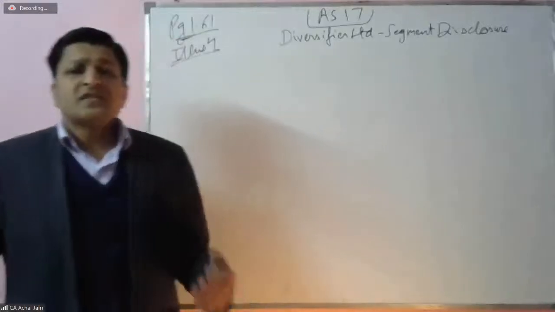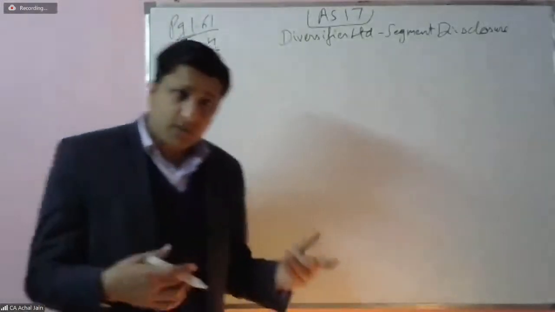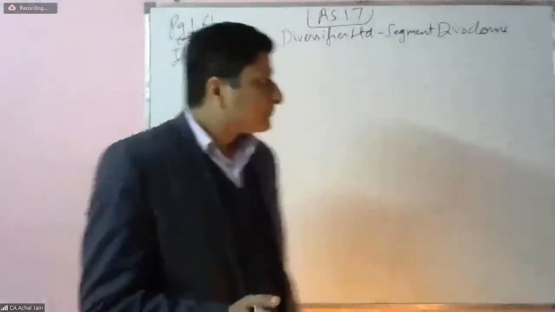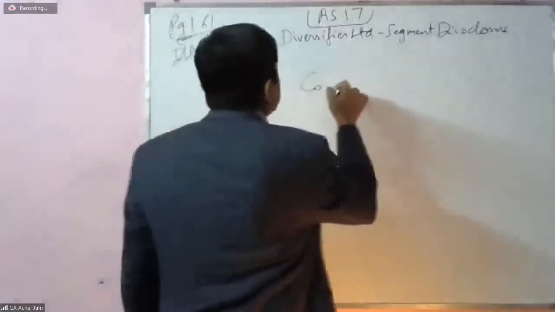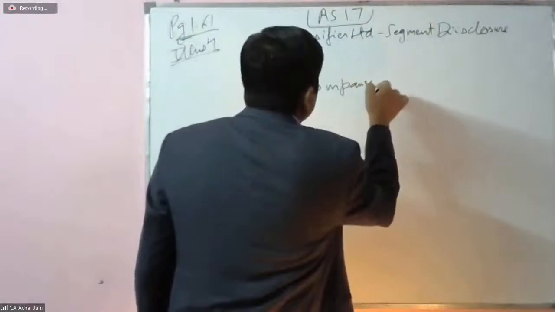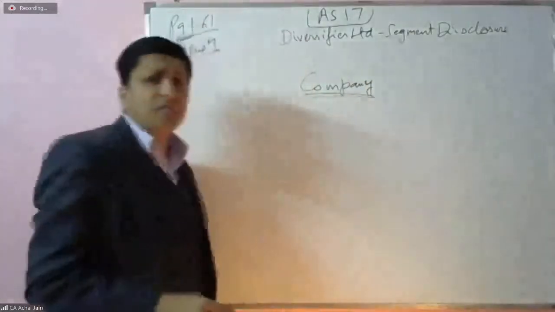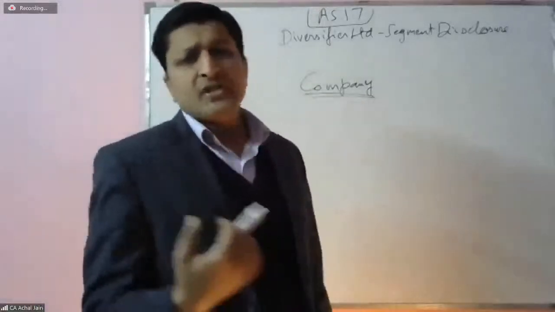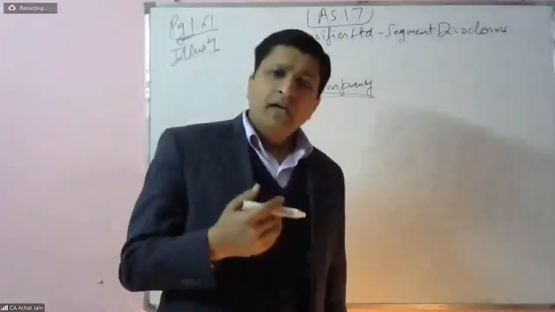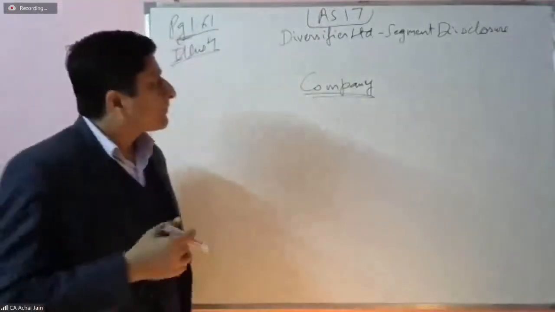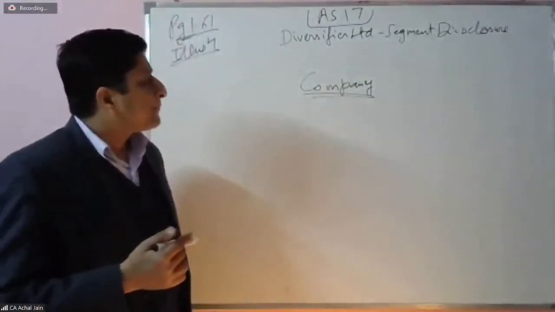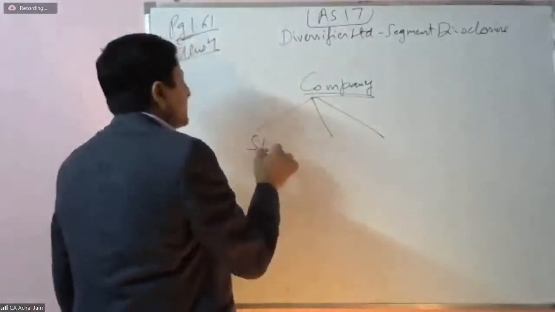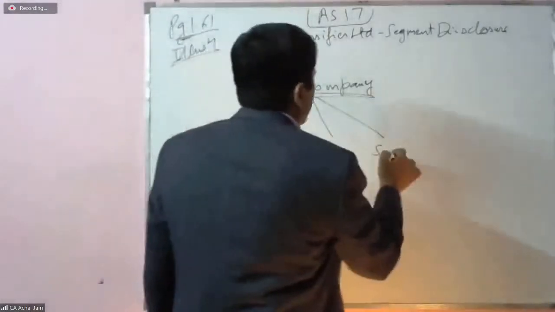Now let's try to understand the structure of any organization first before we get on to this disclosure. For any company which will be running its operations through various divisions or segments, let's suppose this company has 3 divisions, 3 segments, S1, S2, S3.